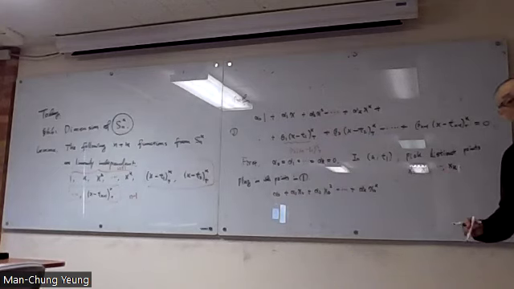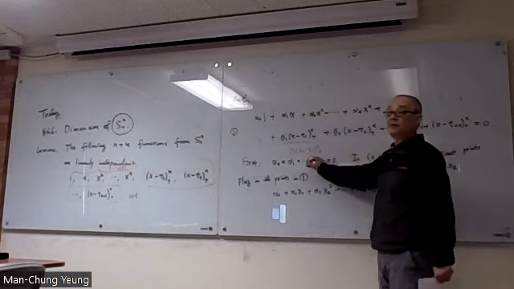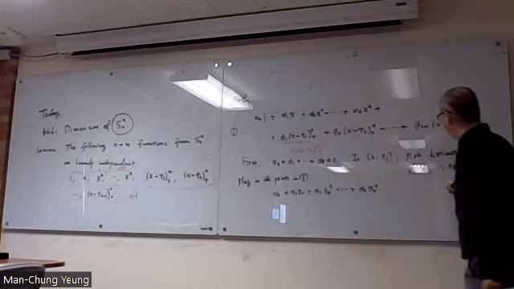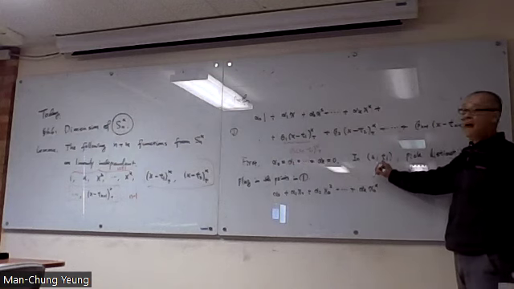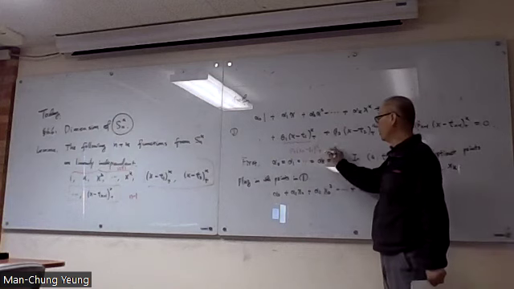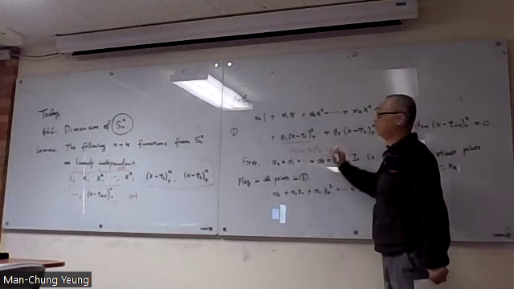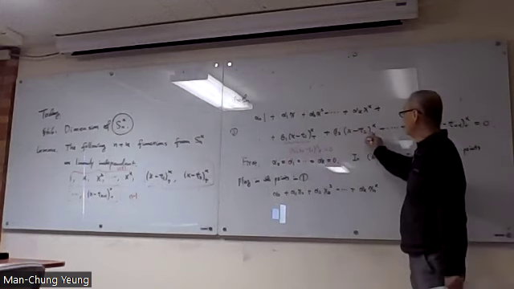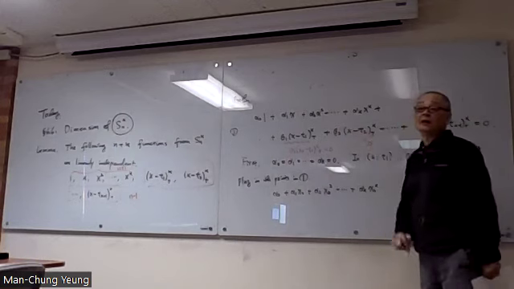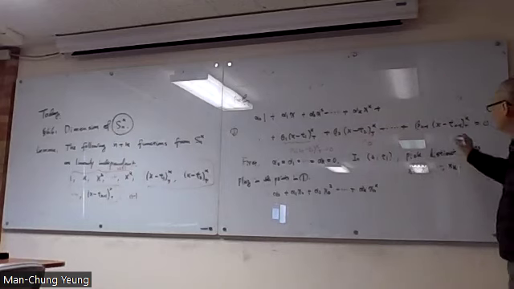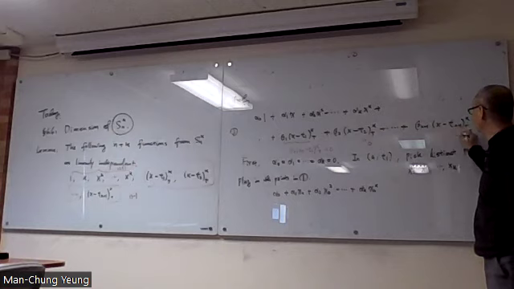We need to recall the definition of the truncated function. x0 is less than t1, so the truncated function is 0 by definition. And also this is 0 by definition. You need to go back to the definition of the truncated function. So all 0.